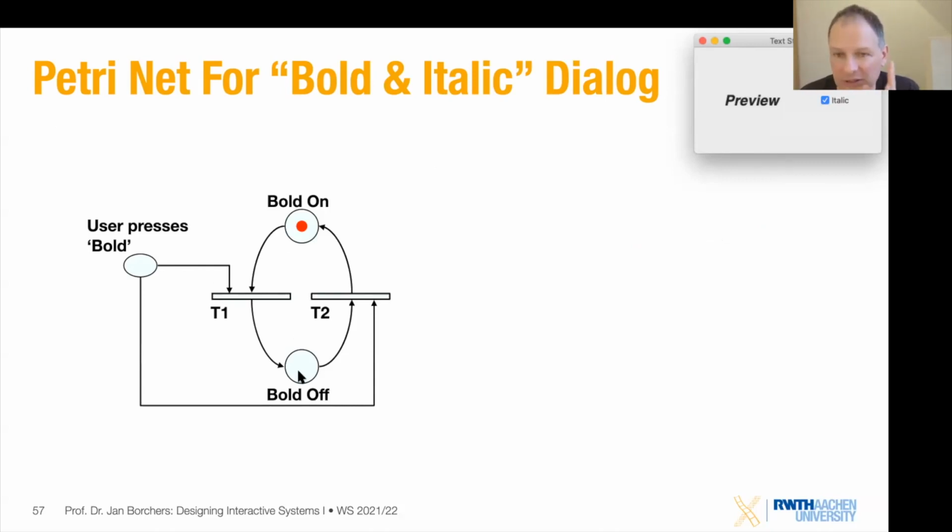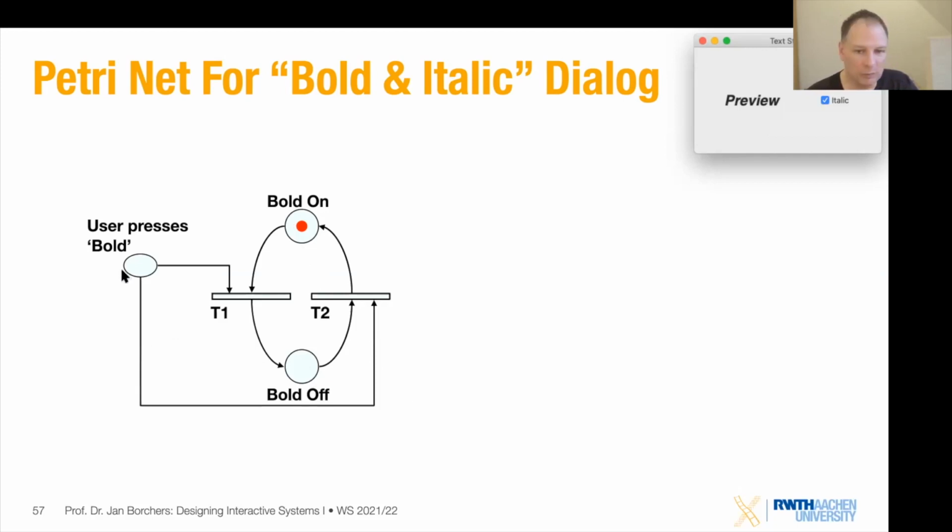Because of the way this is designed, there can always only be a token inside either the bold on or the bold off place. Both places cannot have a token at the same time, and it is also impossible that both are empty.